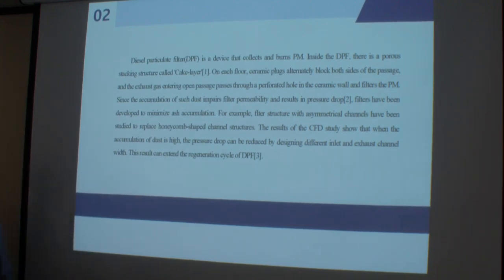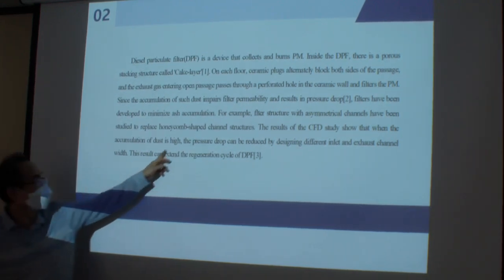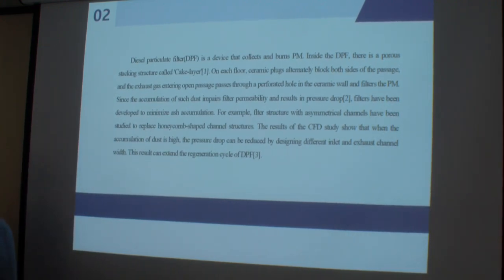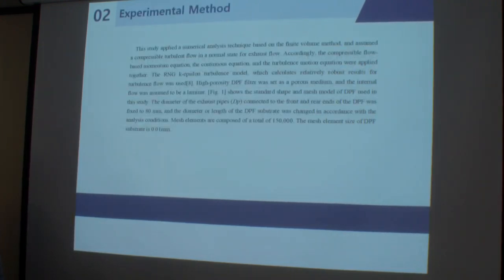This research can extend the regeneration cycle of DPF. Therefore, this study applied a numerical analysis technique based on the finite volume method and assumed compressible turbulent flow in normal state for exhaust flow.